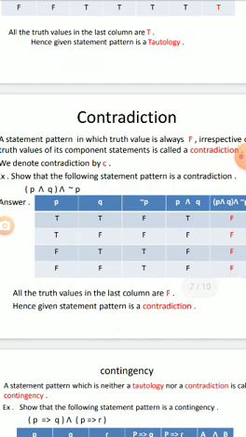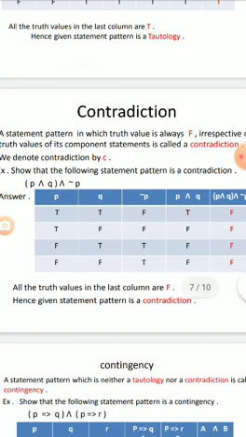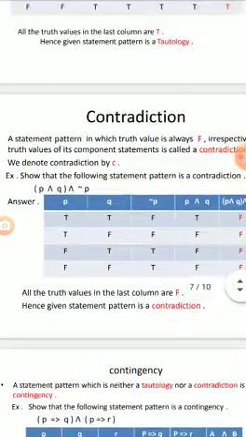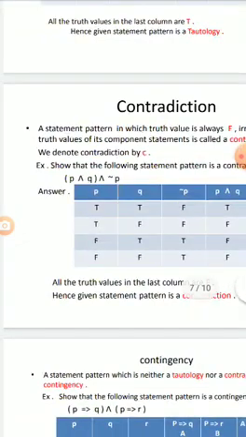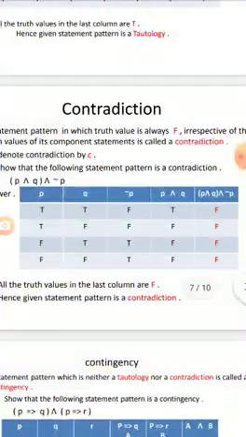So in the next slide we study contradiction. It is a statement pattern in which truth value is always F irrespective of the truth values of the prime statements, and we denote contradiction by small c.